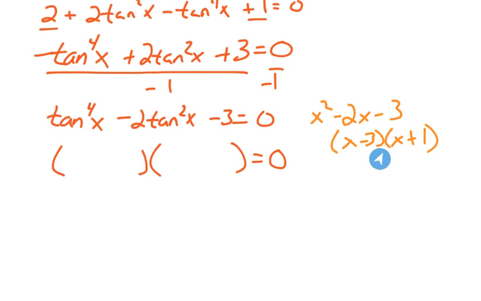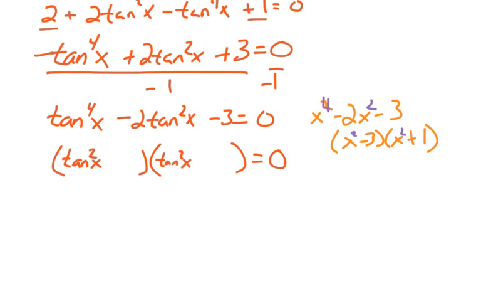Notice that the degree of these two terms is double the highest exponent of the term in the middle. Same thing happens here. So in case this were x to the fourth minus 2x squared, we still have that same pattern in the exponents. The only difference is now these are x squared minus 3 and x squared plus 1. So when we apply that same logic to these tangent problems, our two terms are going to be tangent squared of x and tangent squared of x.